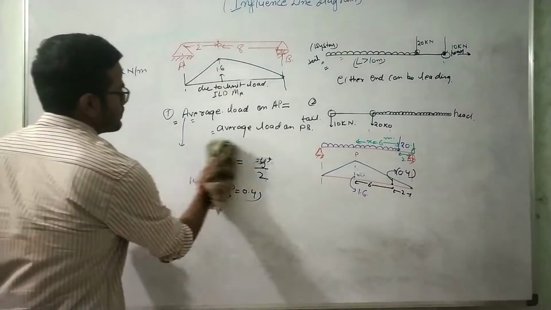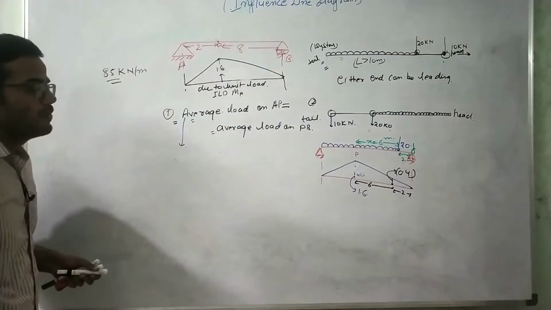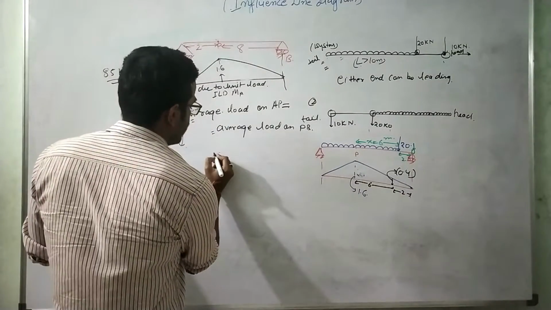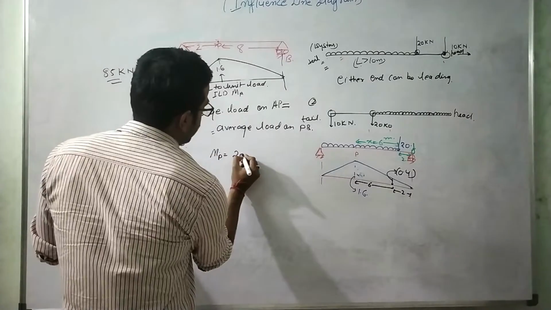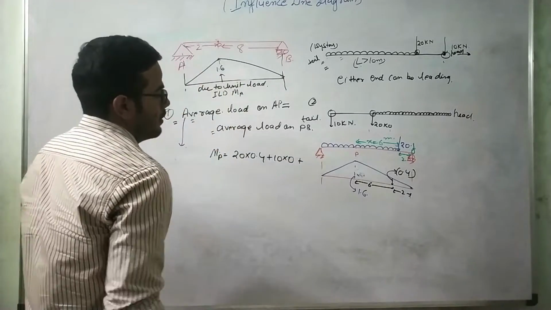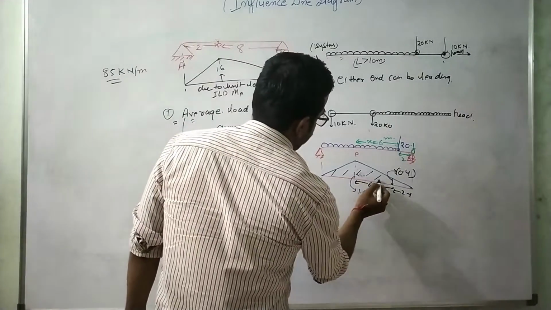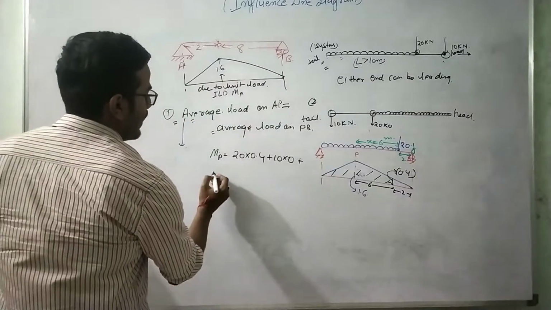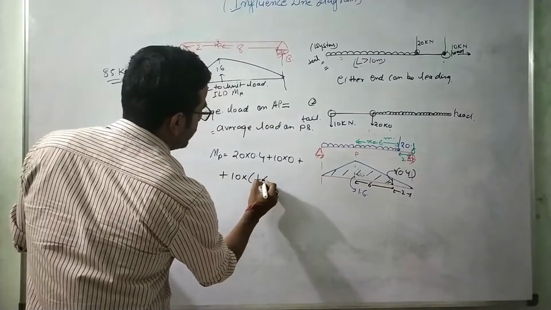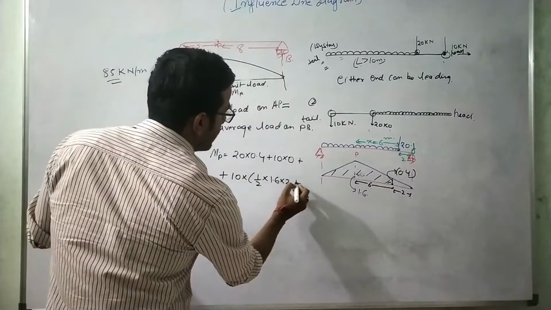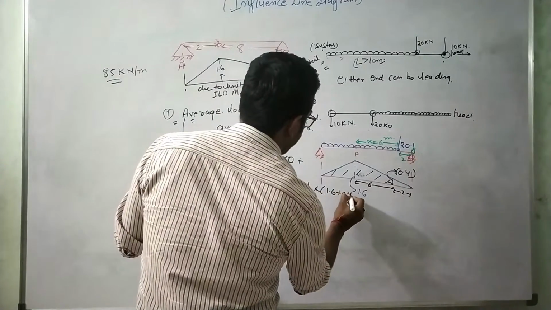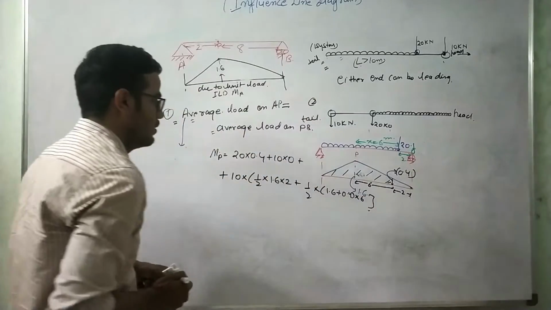Okay, so if this ordinate comes out to be 0.4, then the value of the maximum moment MP will be 20 into 0.4, plus 10 into 0, plus we need to calculate again the area which comes under the UDL. So this is the area, again with a plus sign, and the intensity of the UDL is 10, and the area will be half into 1.6 into 2 plus half into the sum of parallel sides, 1.6 plus 0.4, into 6 meter, right?